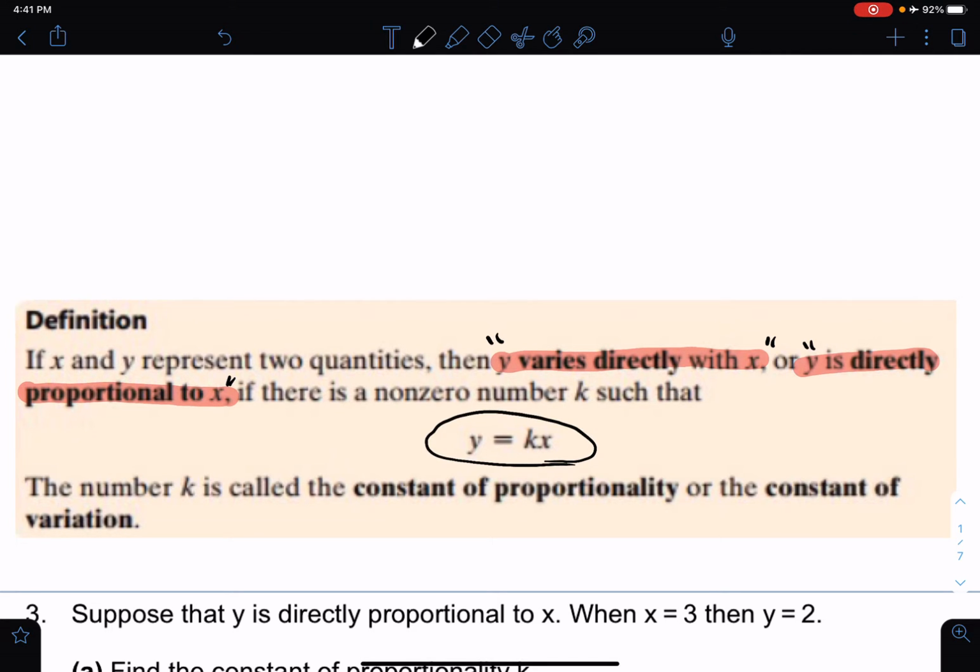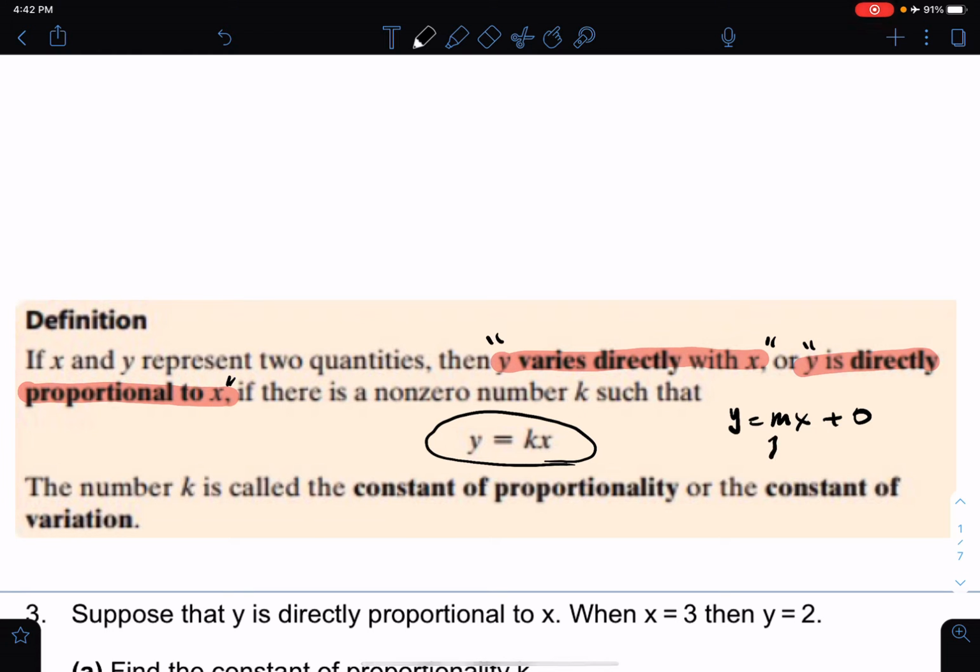And if you notice, that is very similar to our y equals mx plus b. Now notice that in these direct variation problems, the b value is actually just going to be plus 0, so that's why we don't even show it.